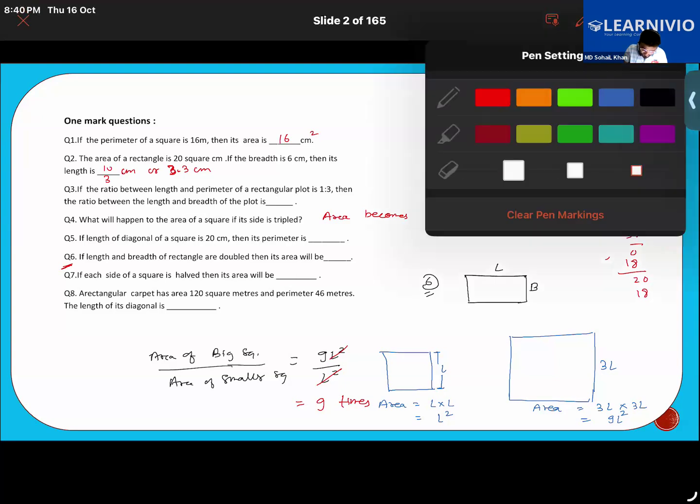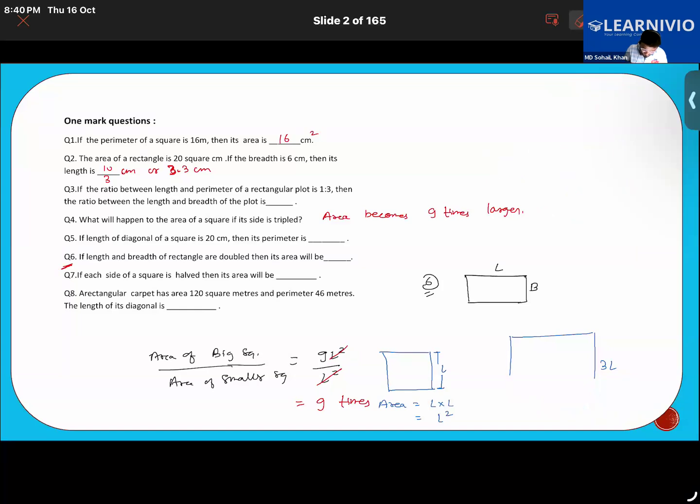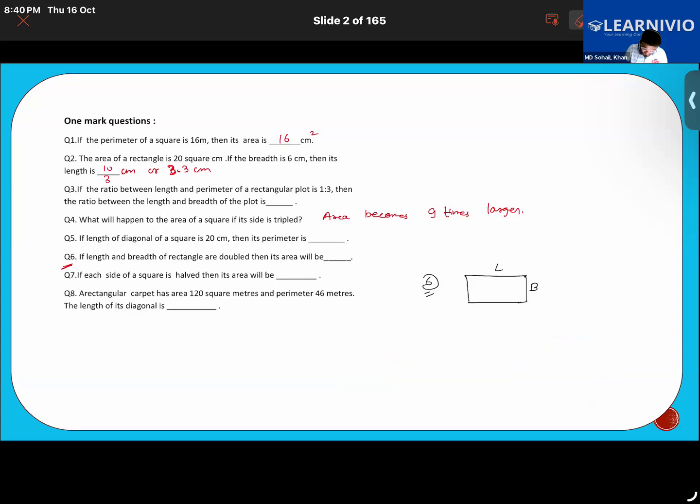See, the length is getting doubled, right? And the breadth is also getting doubled. So the size of the rectangle is also going to become big. I have drawn it a little too big, but try to understand. So that is 2L now, and that is 2B now.